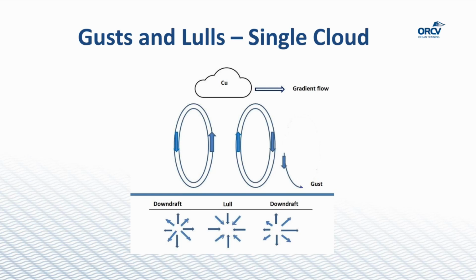It comes down and moves around in a different clock type pattern, whereas in the lull, the air is coming in to the underneath of the cloud and rising, a bit like the highs and lows of the weather system.